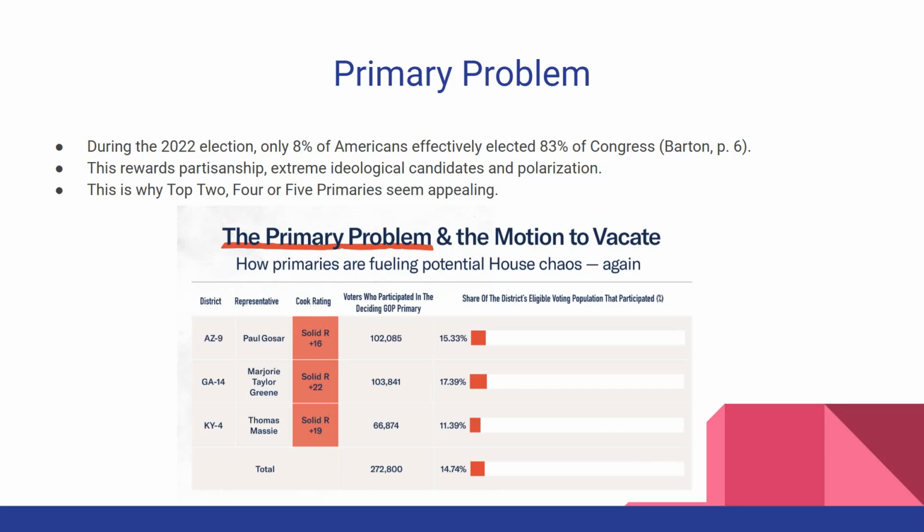So this is why top 2, 4, or 5 primaries may seem appealing, and why many people, such as Unite America, advocate for it. They say that the problem with partisan primaries, where only a small number of ideological voters vote, is that it rewards political extremists, which is why Congress is dysfunctional and gridlocked.